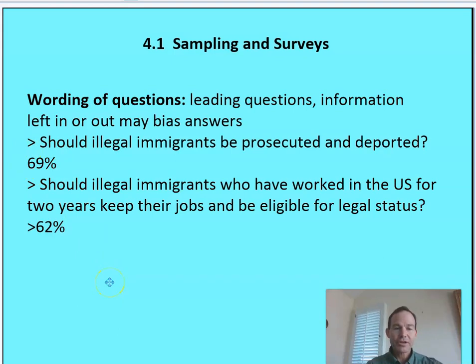But if I rephrase it, should illegal immigrants who have worked in the U.S. for 2 years keep their jobs and be eligible for legal status, then that answer is 62%. So you can see the range of responses based on the type of question that's being asked, and how it's being asked.